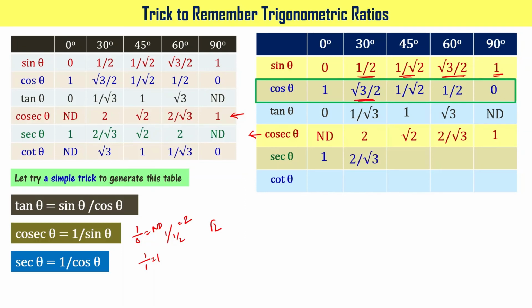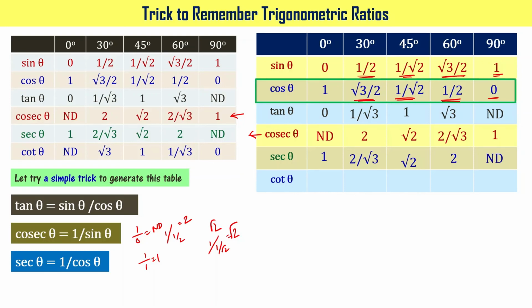For 45 degrees, it is going to be 1 divided by 1 by root 2, that becomes root 2. Let's write that. When it comes to 60 degrees, it is going to be 1 divided by 1 by 2, that is equal to 2. When it comes to 90 degrees, it has to be 1 by 0, which means not defined.